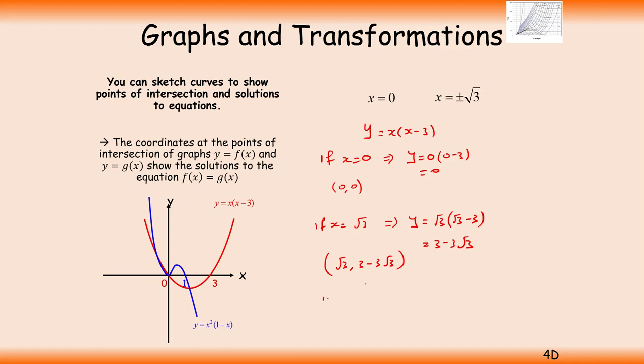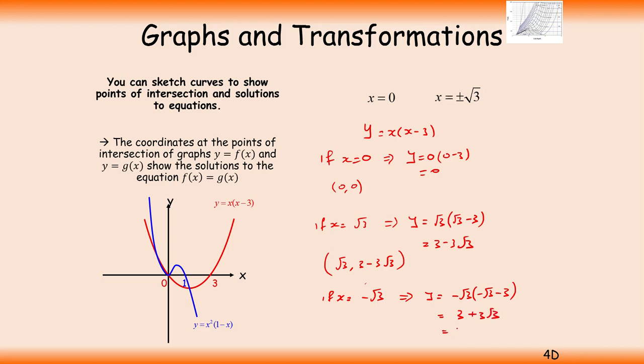And finally, if x is equal to minus root 3, that means that y is going to be equal to minus root 3 times minus root 3 minus 3, which is going to be 3 plus 3 root 3.